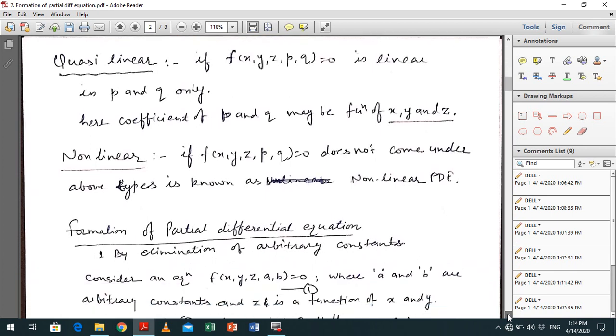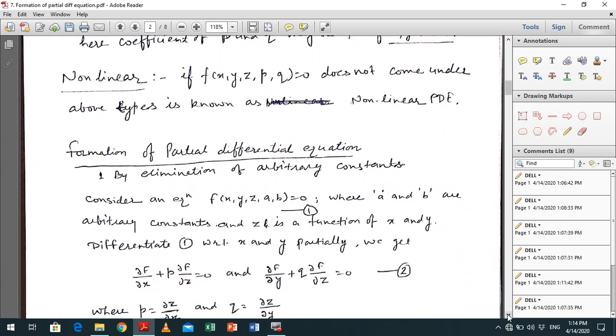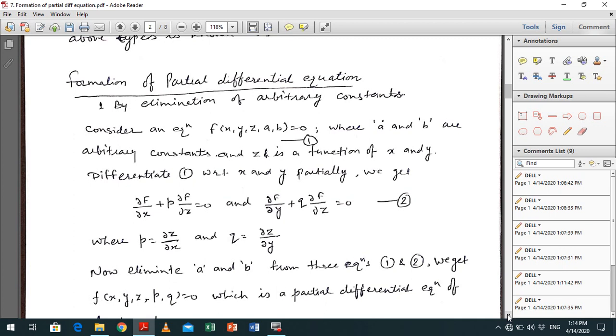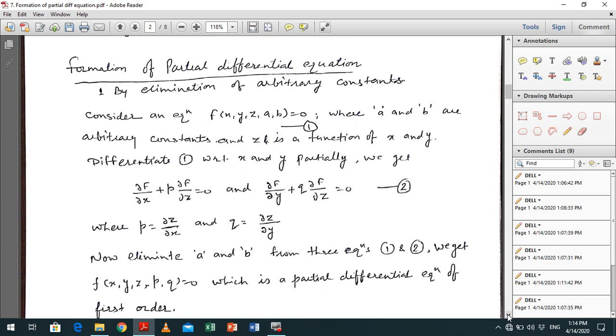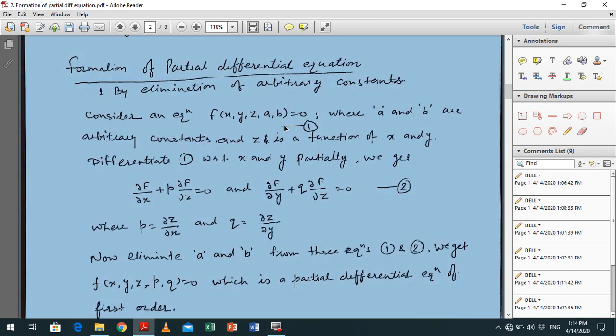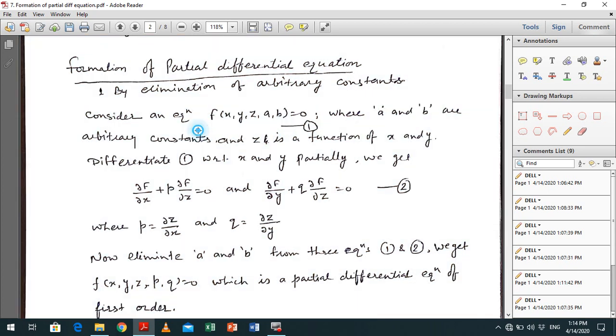Now we will look at the formation of partial differential equations. We can derive a partial differential equation from a given equation F(x, y, z, a, b) = 0, by eliminating the arbitrary constants a and b.